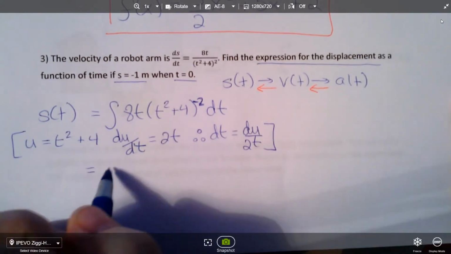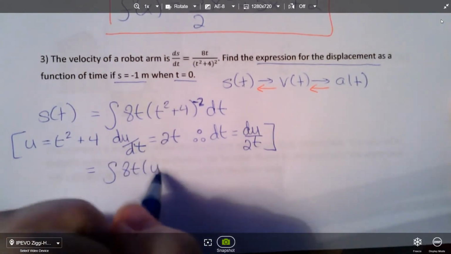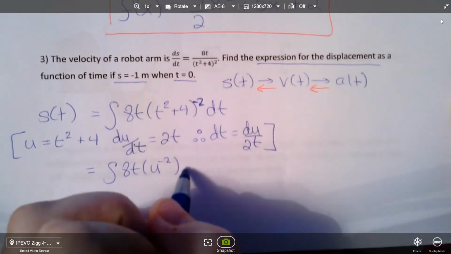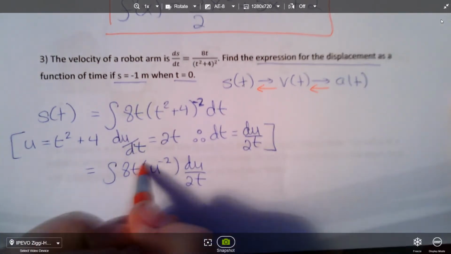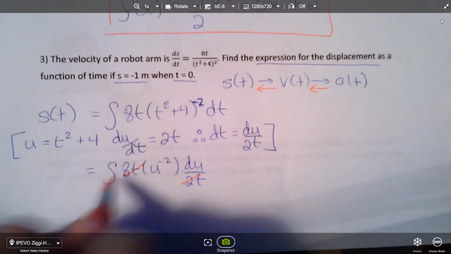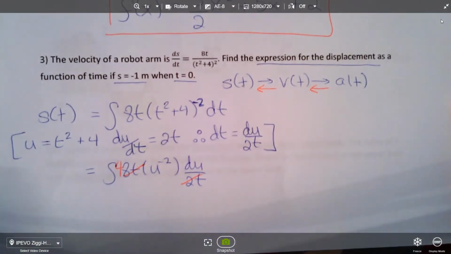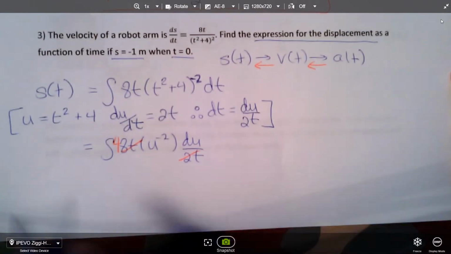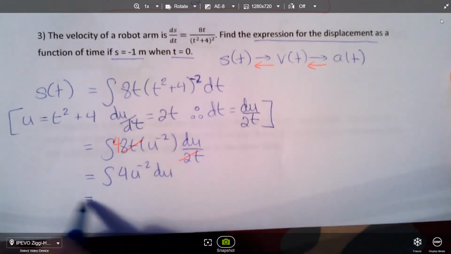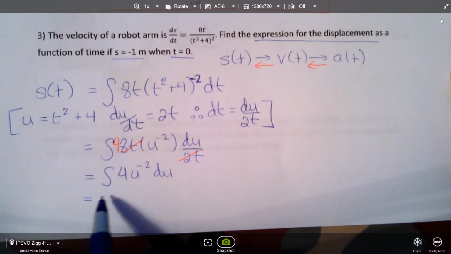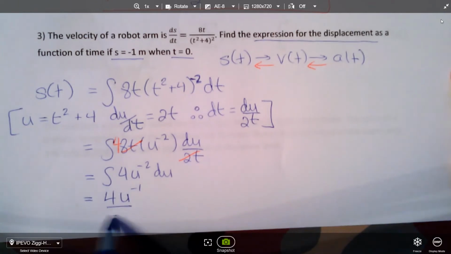When I put those in, 8t times u to the minus 2, du over 2t. So that all cancels to make 4. And I end up just integrating 4u to the minus 2 du. All right, so we end up with 4u to the minus 1 over minus 1, plus c.